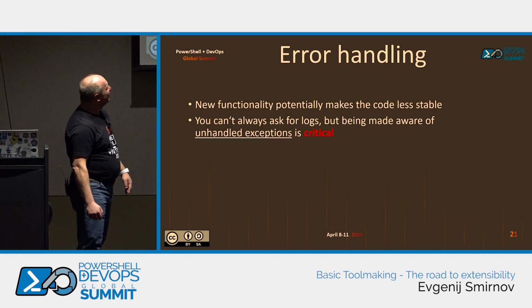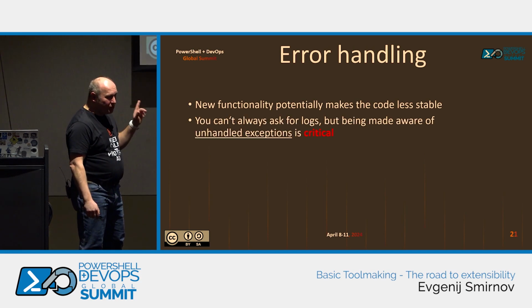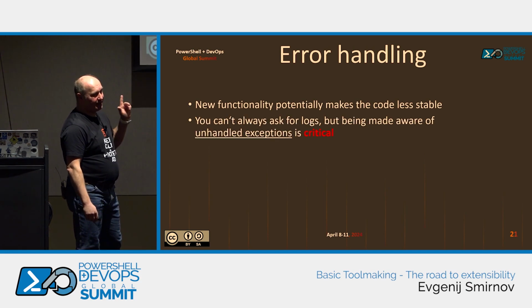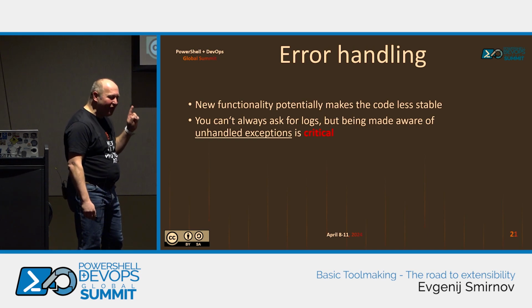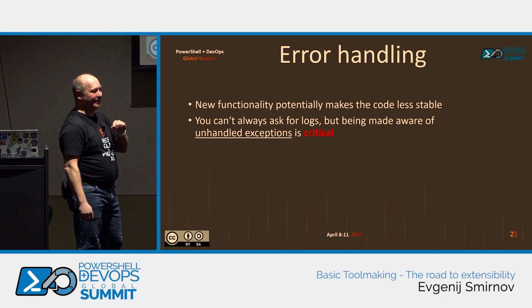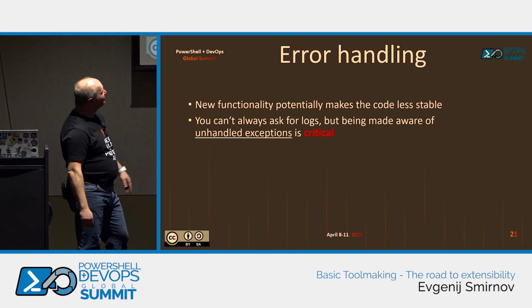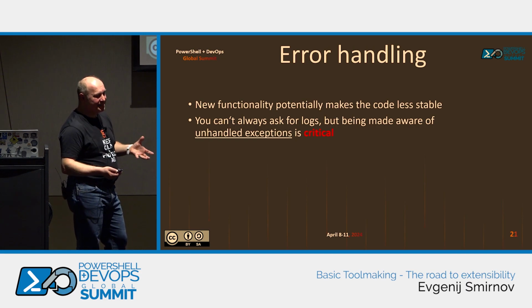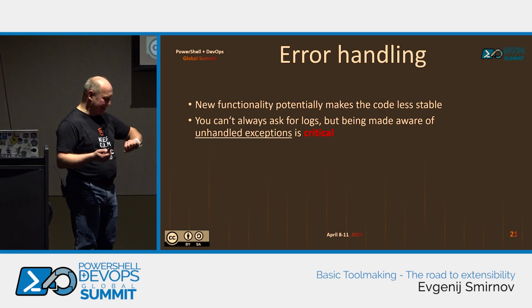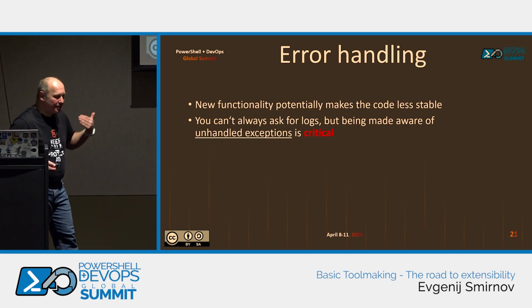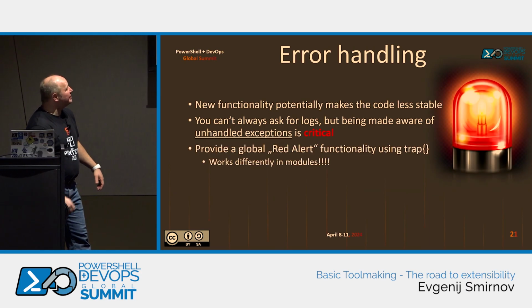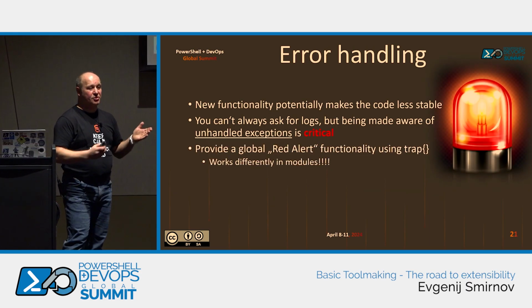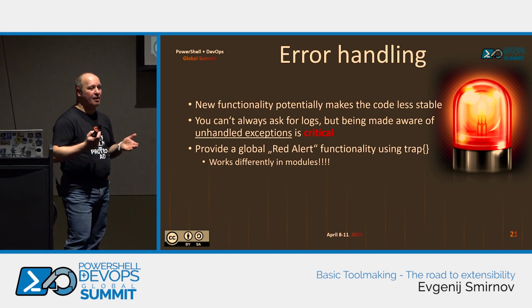But what you should insist on getting back is information that you did not think of something and it still failed. And for that, you need to provide some feedback mechanism for communicating unhandled exceptions. And this is where the trap statement comes into play.